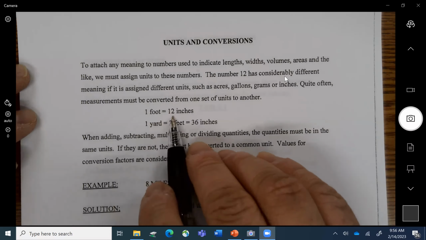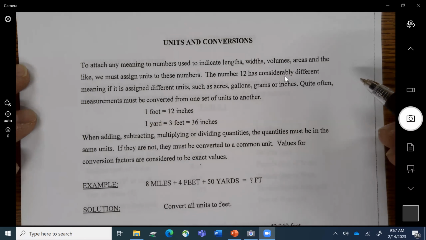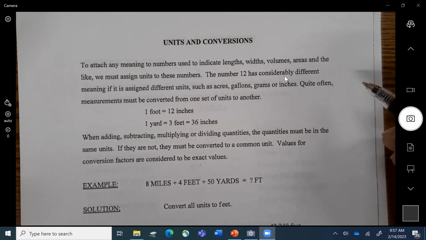Is 1 and 12 the same number? They are not. The units you attach to them change what they are, but they are not the same number. Okay, so that's my ratio.